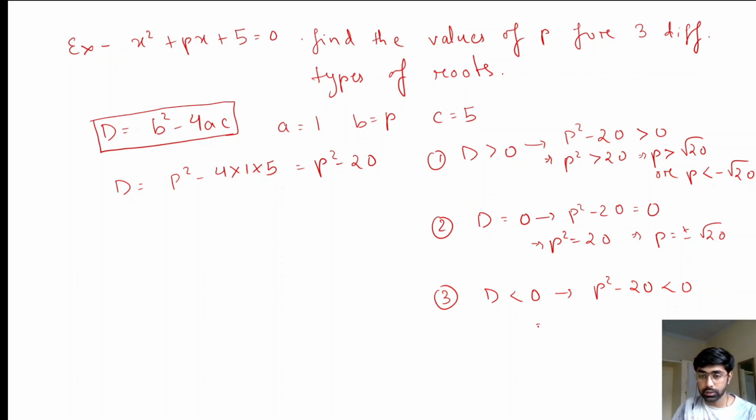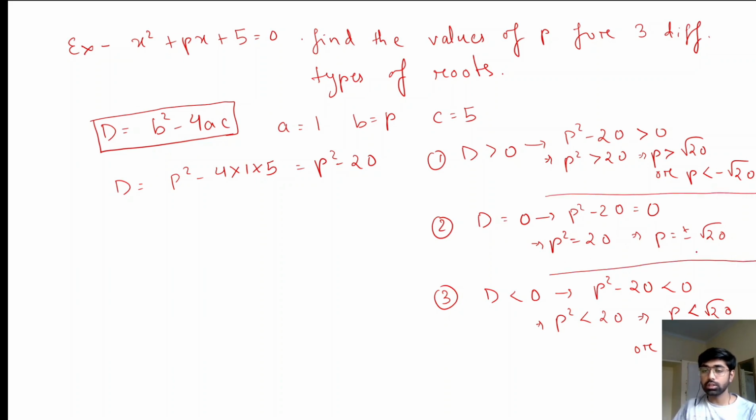And here we get that p square is less than 20, which implies p less than root 20 or p greater than minus root 20. So these are the three ranges for the different nature of the roots.